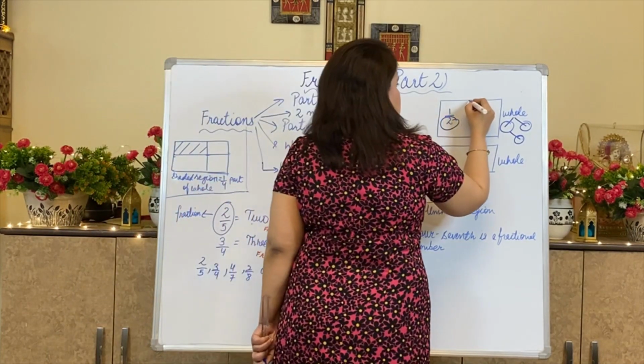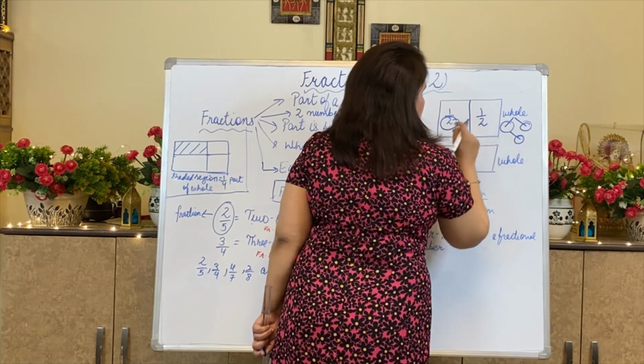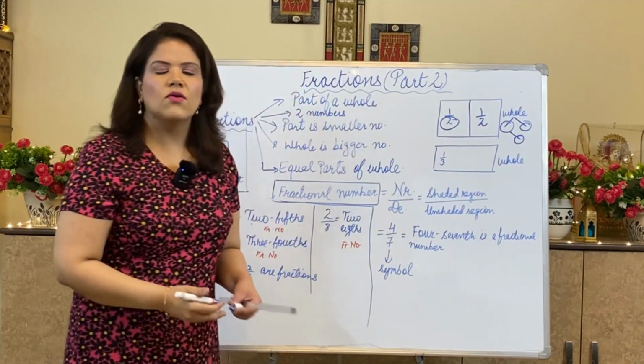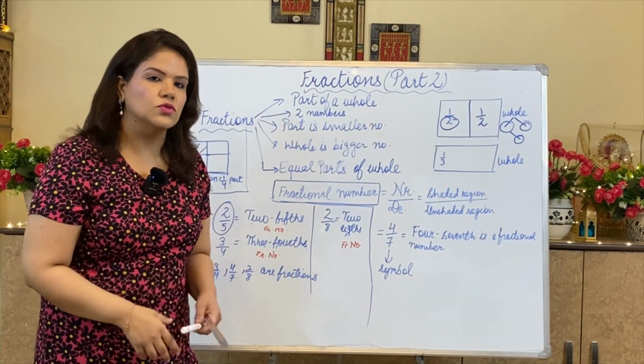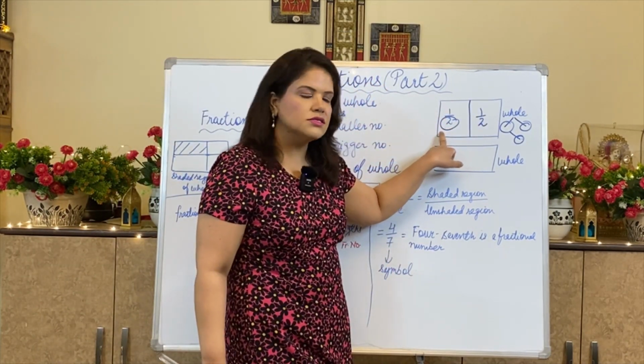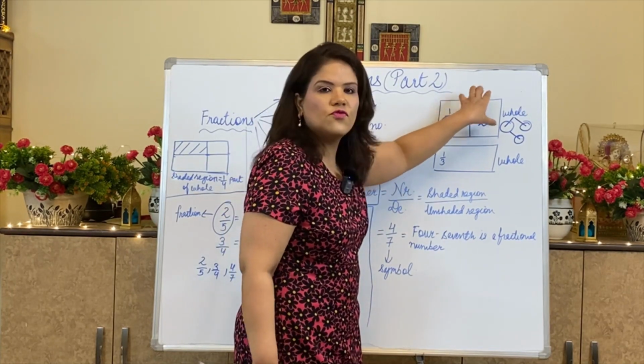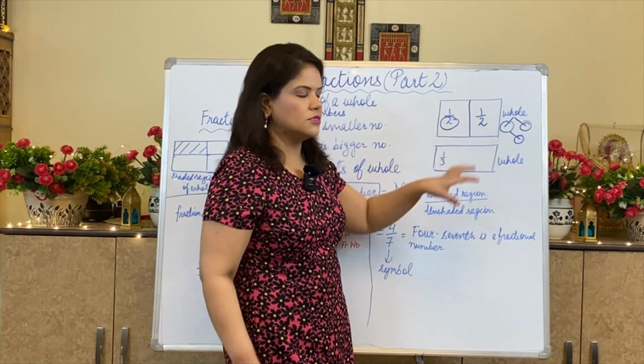So I am going to divide this into two equal parts, and they will all have a value of 1/2, because out of the two, this is one of the two parts. This is also one of the two parts.